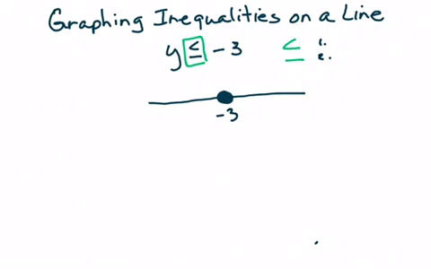Now I have to draw an arrow to show which way this is going. So I have to draw my arrow to the left because this is telling me that y is less than or equal to -3.